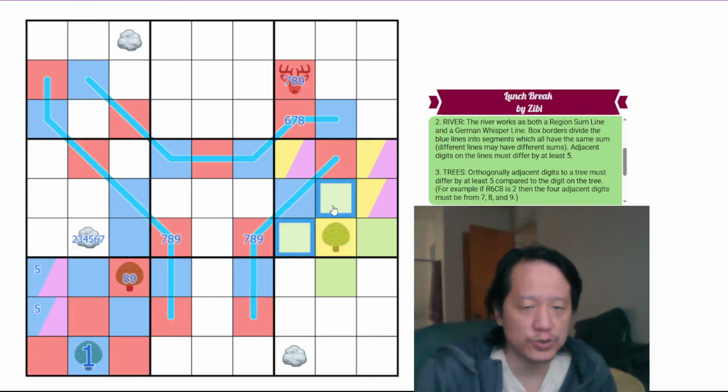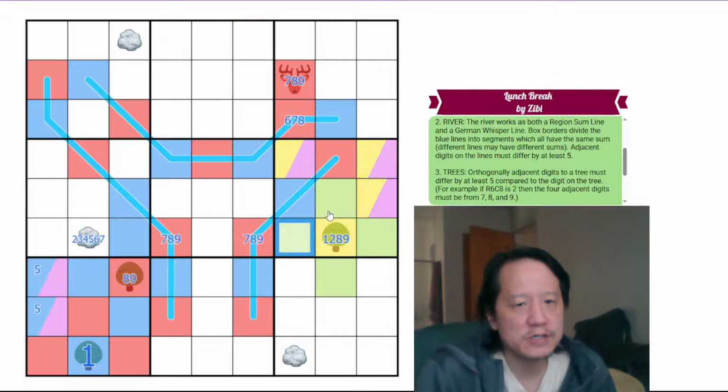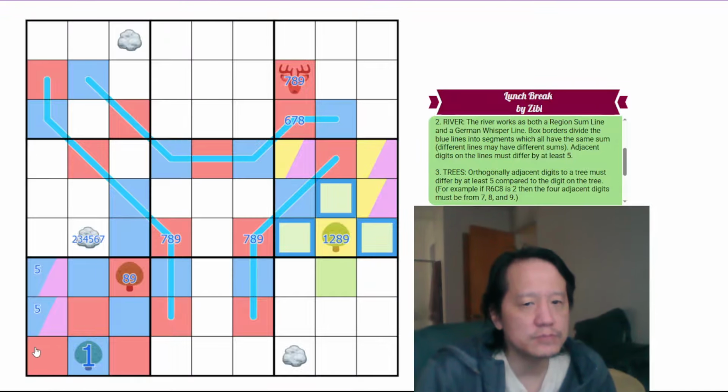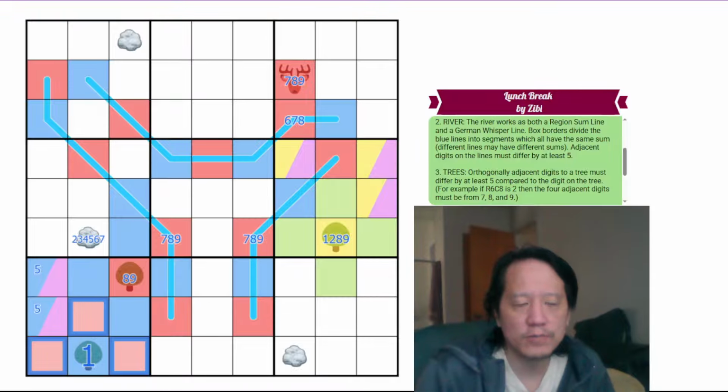This digit is next to 3 unique digits, so it's either 1, 2, 8, or 9 here. We have 6, 7, 8, 9 here.